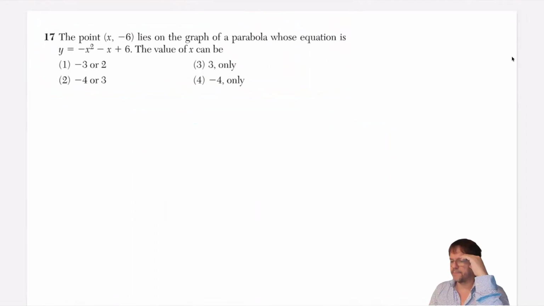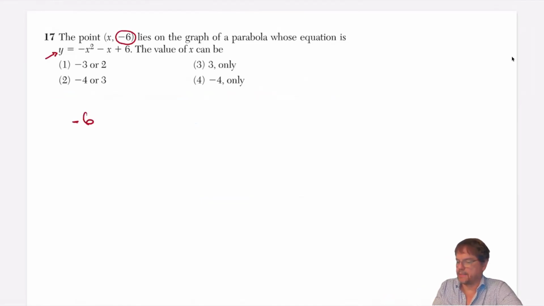The point x, minus 6 lies on the graph of a parabola whose equation is y is equal to minus x squared minus x plus 6. The value of x can be, okay. So look, this is the y point I put here, and x is x, I don't know.